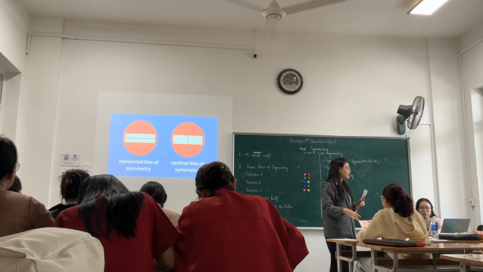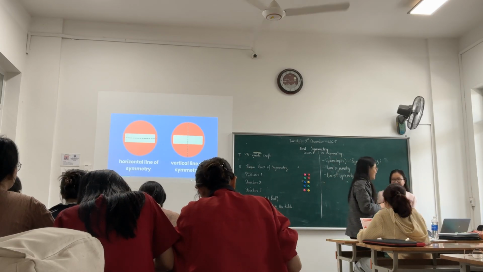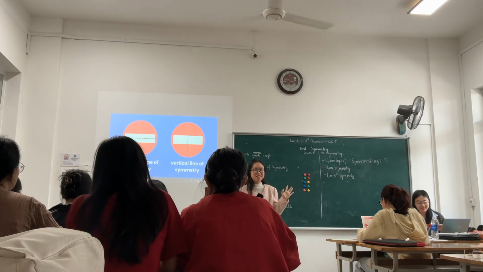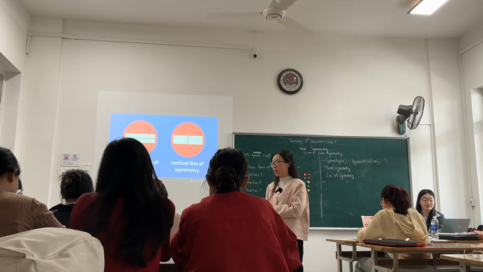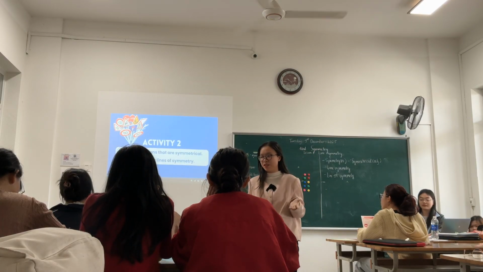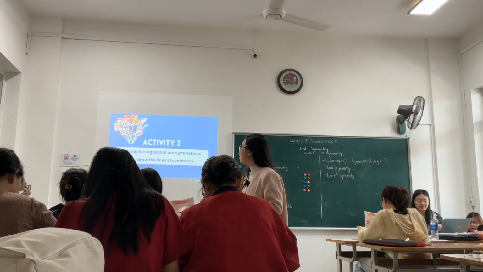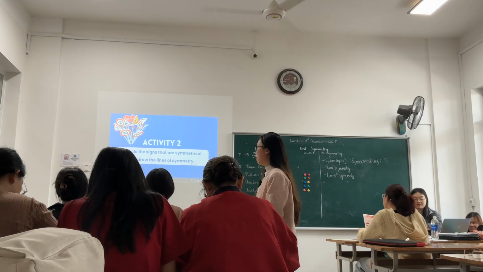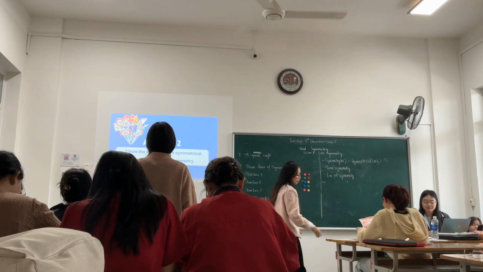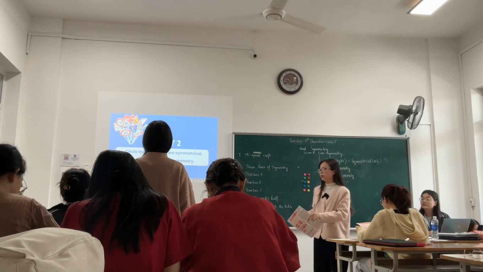So now let's. Alright, so you're done with arranging road signs. Now let's continue with more road signs in activity 2. So first, can I have volunteers read aloud the instruction? You please. Can you stand up and read aloud the instruction? Circle the signs that are symmetrical, then draw the lines of symmetry.